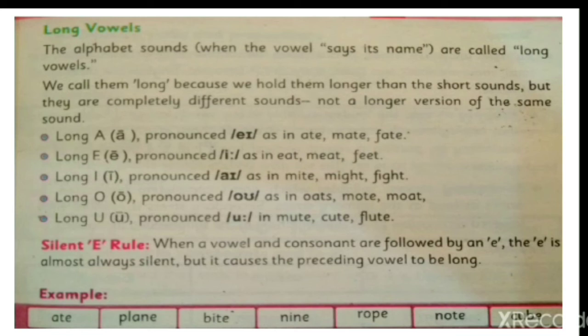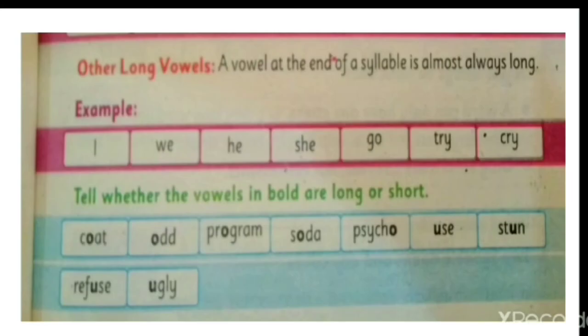Why? Because we are following the silent E rule: when before the e we have a consonant sound or a vowel sound, we will not produce the sound of e, it remains silent, but the preceding vowel is long.